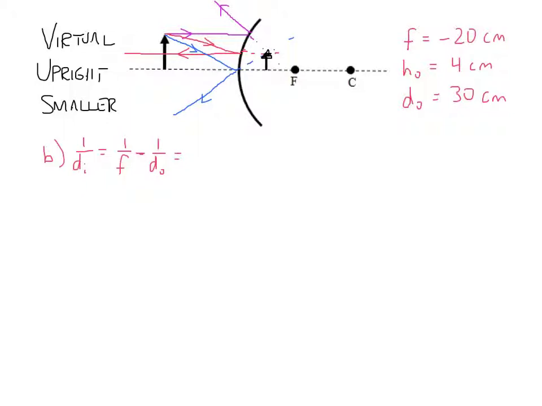So plugging these numbers in, we have 1 over -20 minus 1 over do, which is 30.